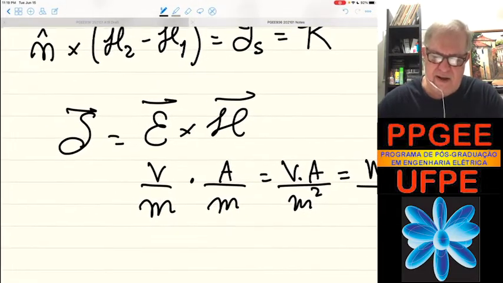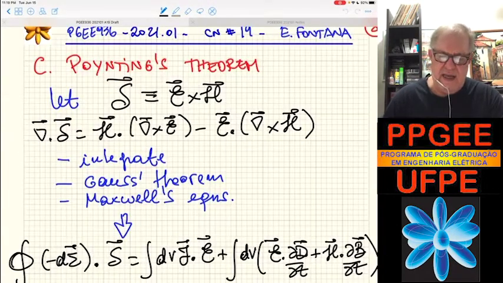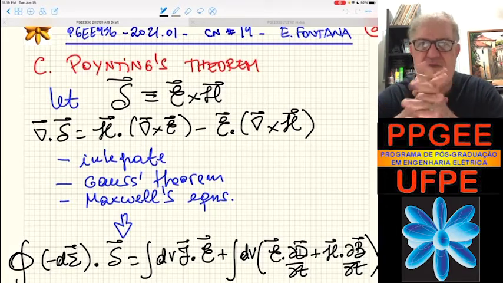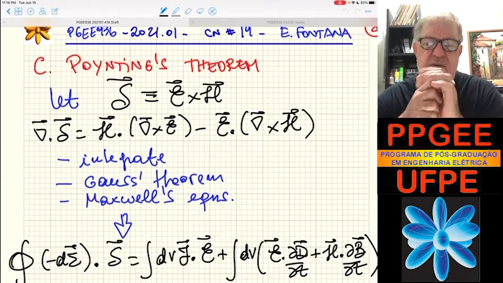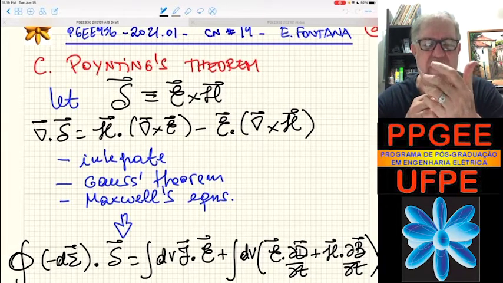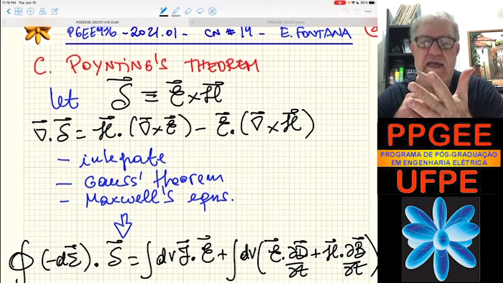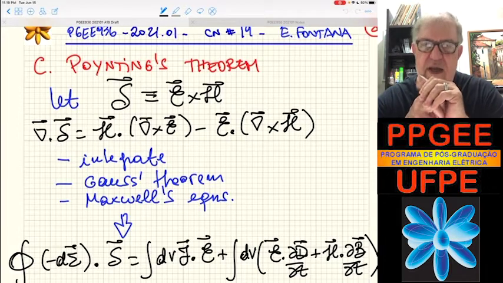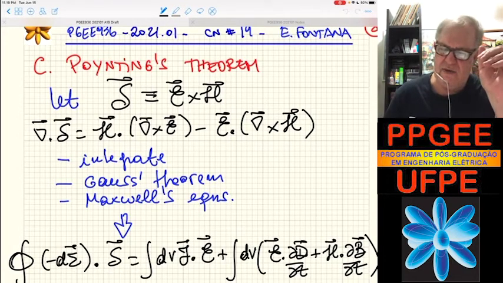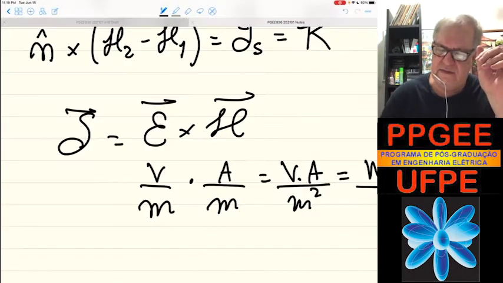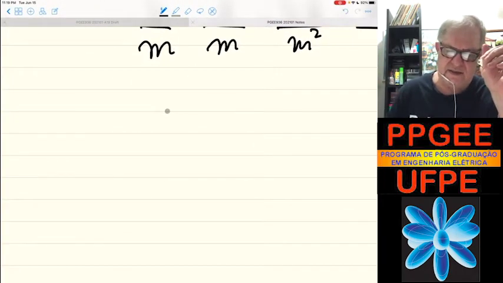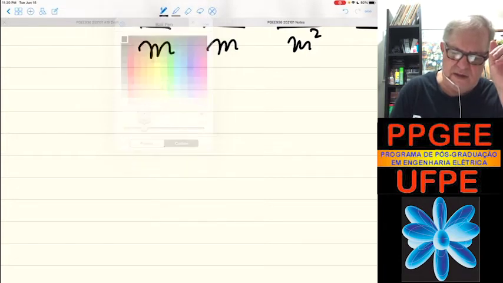Let's play around with this cross product. And as we want to calculate the flux, if we envision S as being a flux density vector, we want to integrate the flux density vector on the surface. We want to make a closed surface.